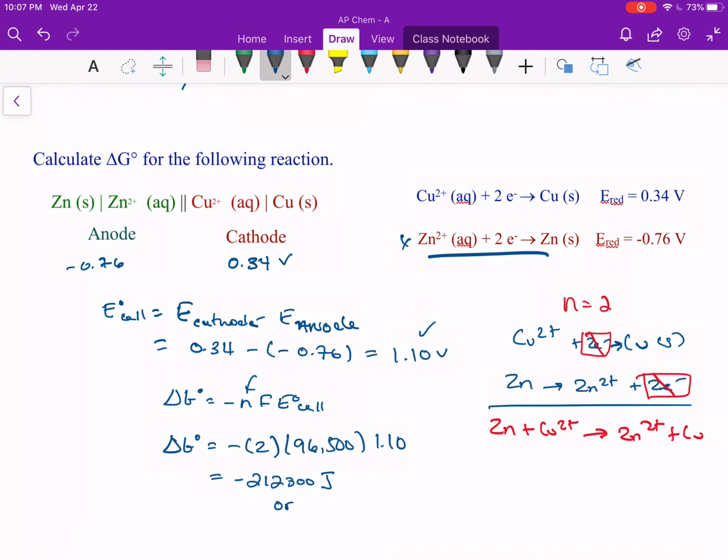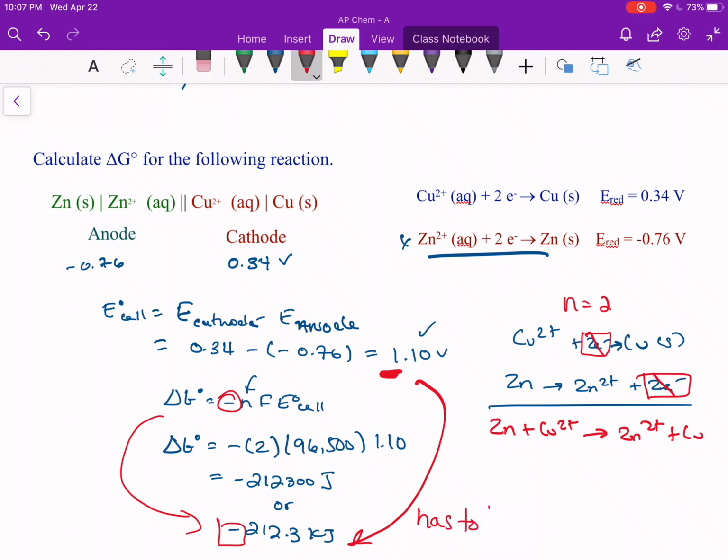Most of the time we're going to convert that, so that would be a negative 212.3 kilojoules. And you can see because of this, anytime that E cell is positive, because of that negative sign there, this is going to end up being negative. So if E cell is positive, this answer has to be negative. There's no exceptions for that, because that negative there makes it so.